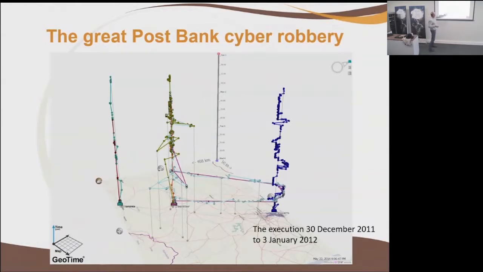And that's how we could then reconstruct this whole movement: when they communicated, how they communicated, where they moved about. There's one guy here, this blue line here, I could actually track. The bank gave me the compromised ATMs and the withdrawal times. I could link it to the cell phone usage time, and I could actually say, okay, the guy was in Kroonstad.